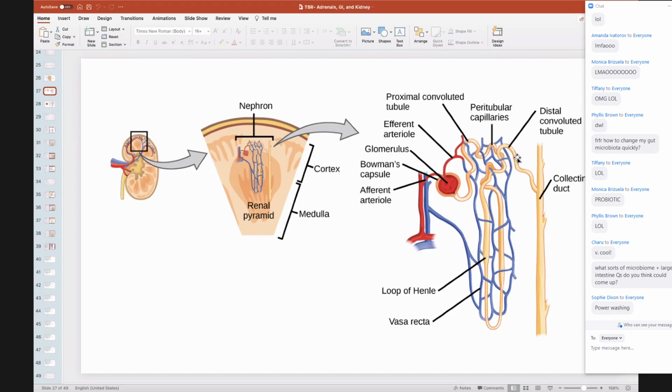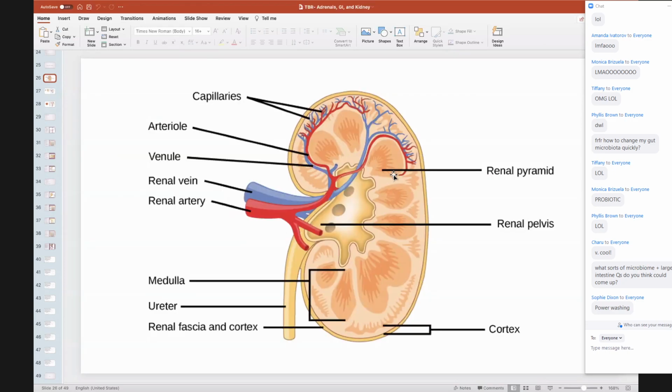And the distal convoluted tubules of many different nephrons will drain into a collecting duct. If you see here on a collecting duct, we do have little branches that are being cut off here, but these branches are from other distal convoluted tubules. So many, many nephrons drain into similar collecting ducts. And what the collecting ducts do is they'll all drain into the renal pelvis.